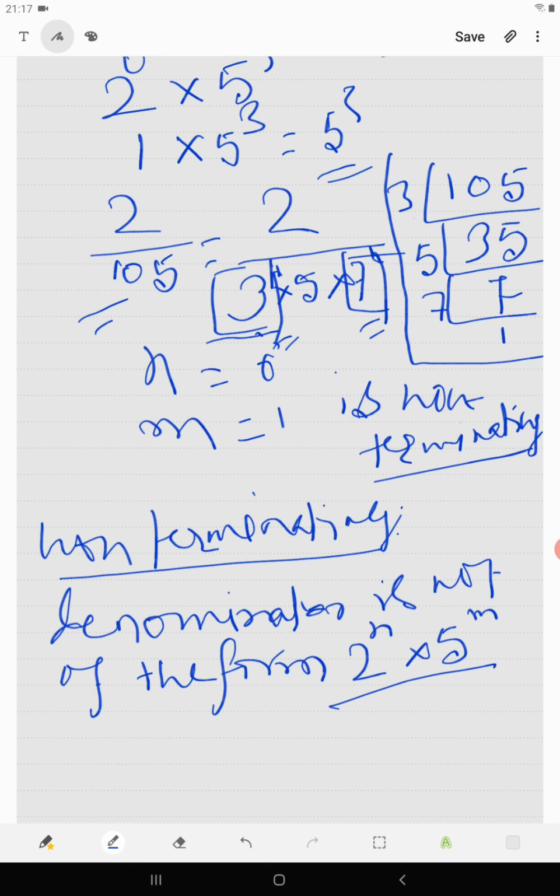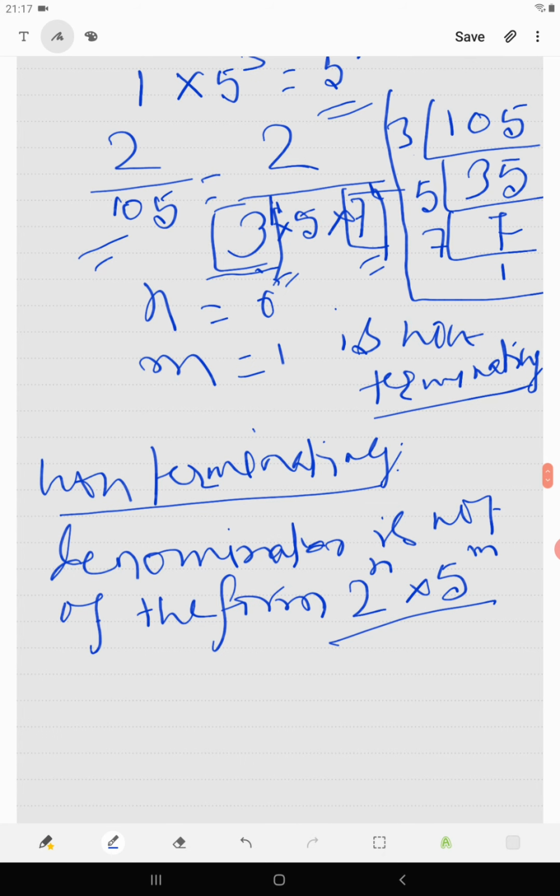If it is not of this form, if it has other factors also, then it will be a non-terminating fraction. It's very simple, terminating and non-terminating. I have given you examples for both.